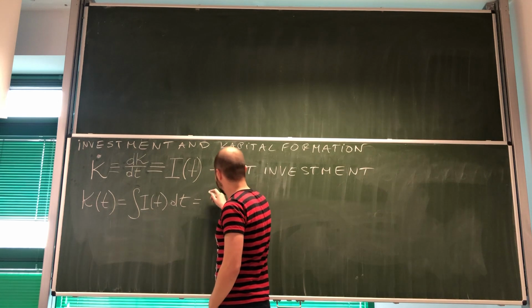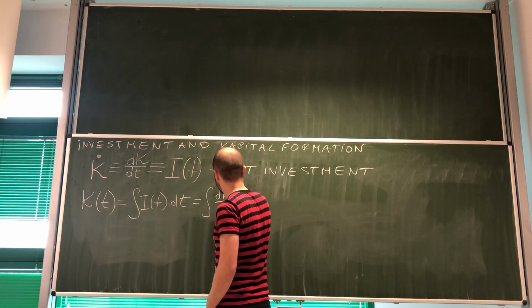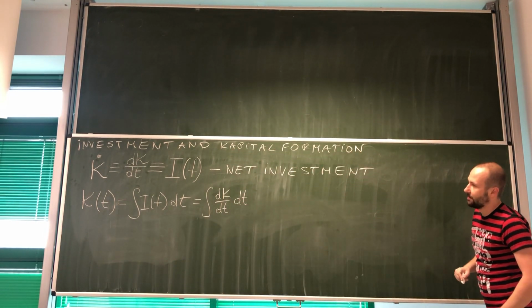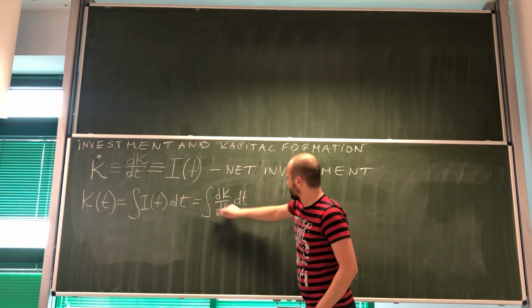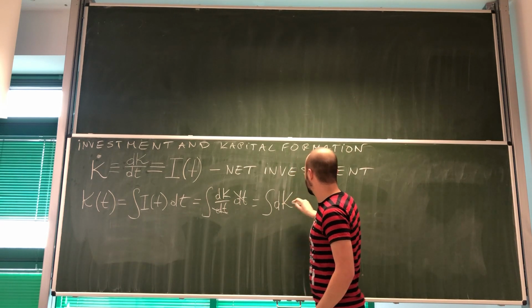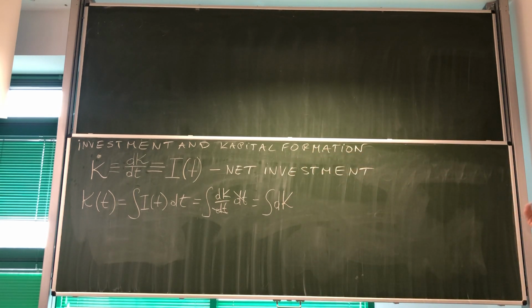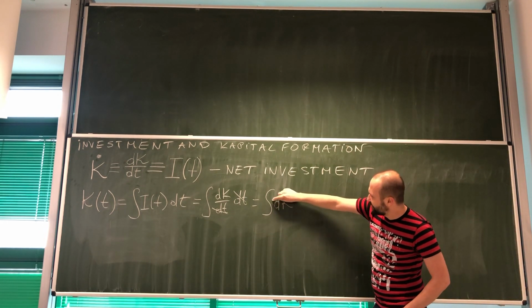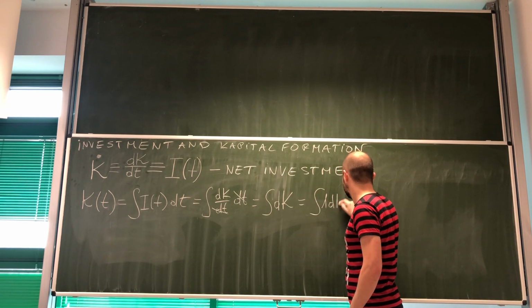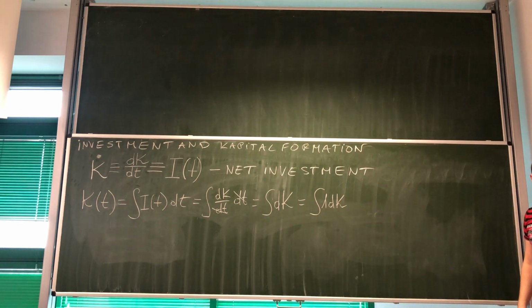Look, investment is by definition dK/dt, so the integral of (dK/dt) dt. Right? I just substitute. But look, those two cancel each other out, and I'm getting this weird expression, the integral of dK. At the beginning it might look strange, but if you think about it, if there's nothing in here, it means we've got 1, right?